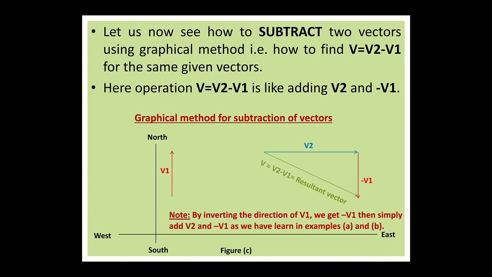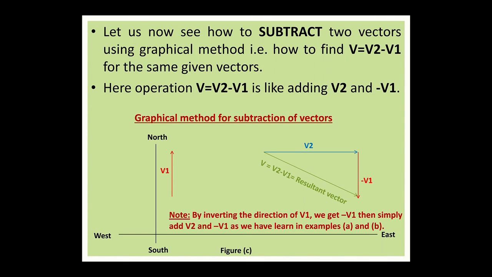So you have to place the head of V2 at the tail of minus V1. Here you can see that the head of V2, that is the blue arrow, is placed at the tail of minus V1, that is the red arrow. So this is your V2 minus V1.